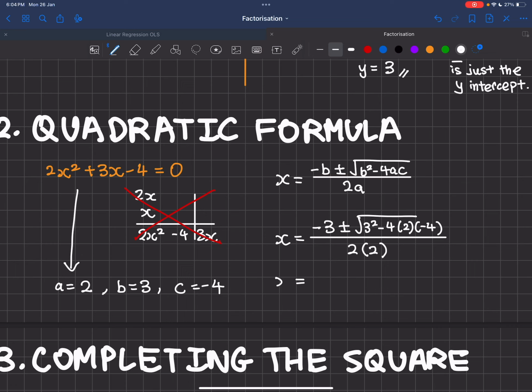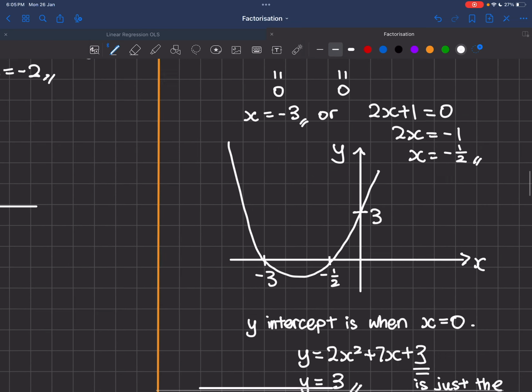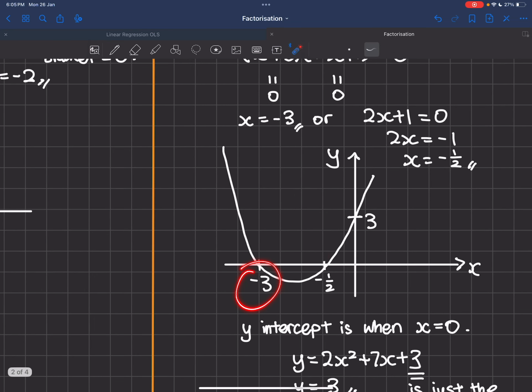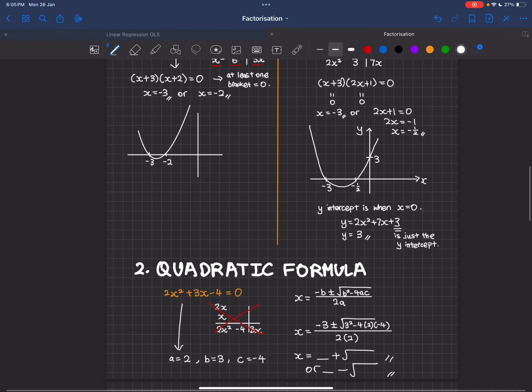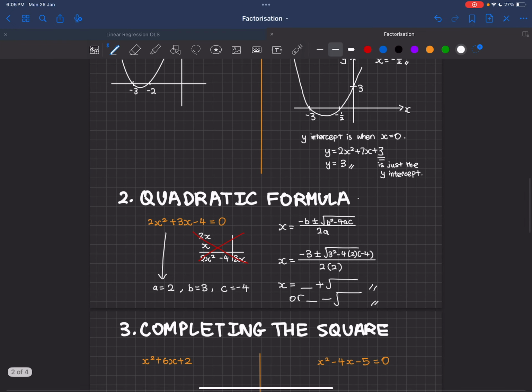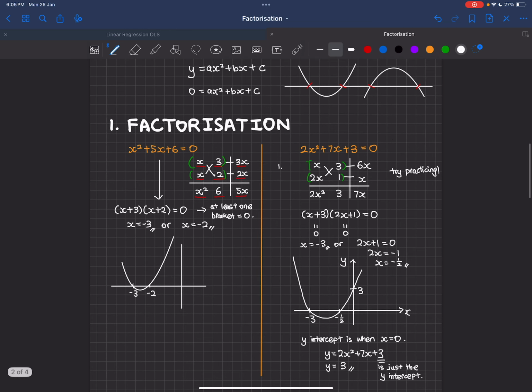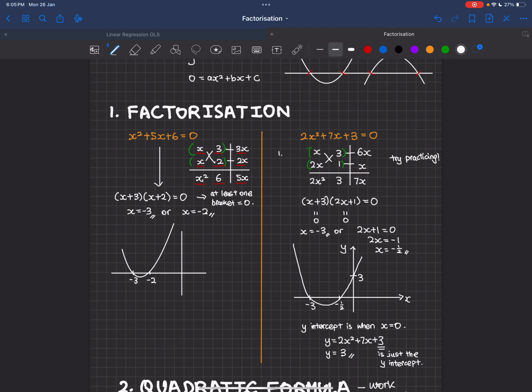So you'll get x equals this plus a square root of something, or this minus a square root of something. And these are your two answers, which you can then once again graph as these 2 points. So that's the easiest way. This one will work every time. So if you want to just do this every time, sure, go ahead. But I personally like factorization.